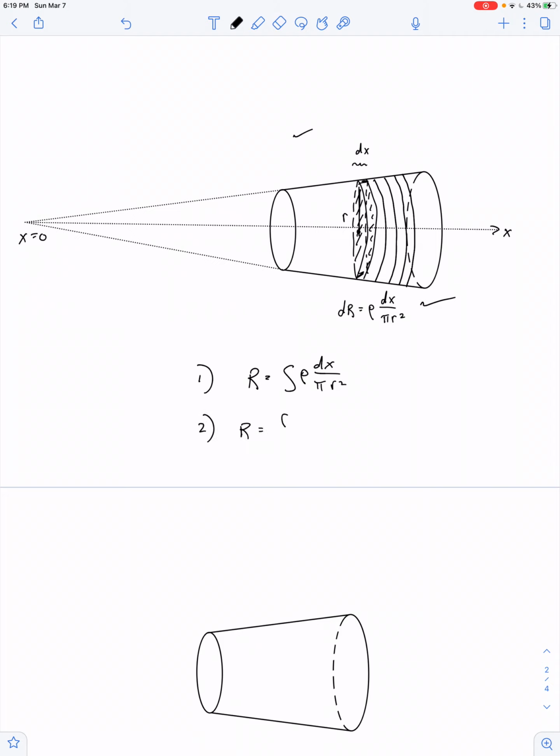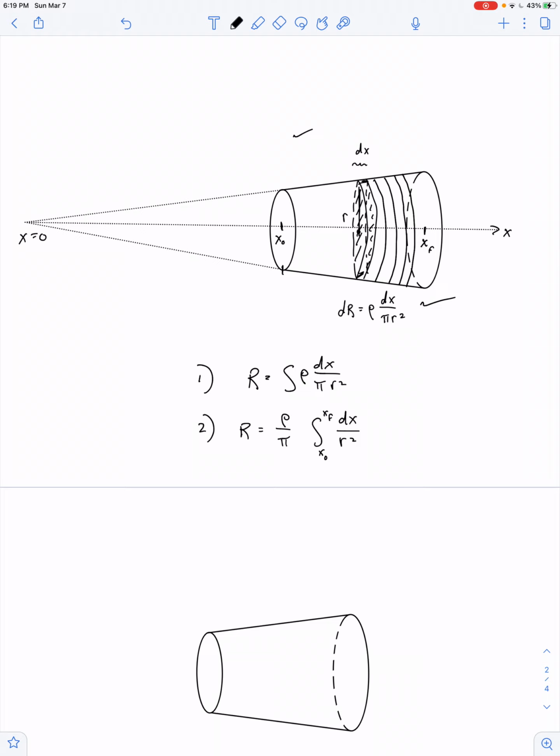So resistance is rho over pi times the integral of dx divided by r squared. Now what are our limits of integration? We've got some value of x naught, and then some value of, let's say, x final.